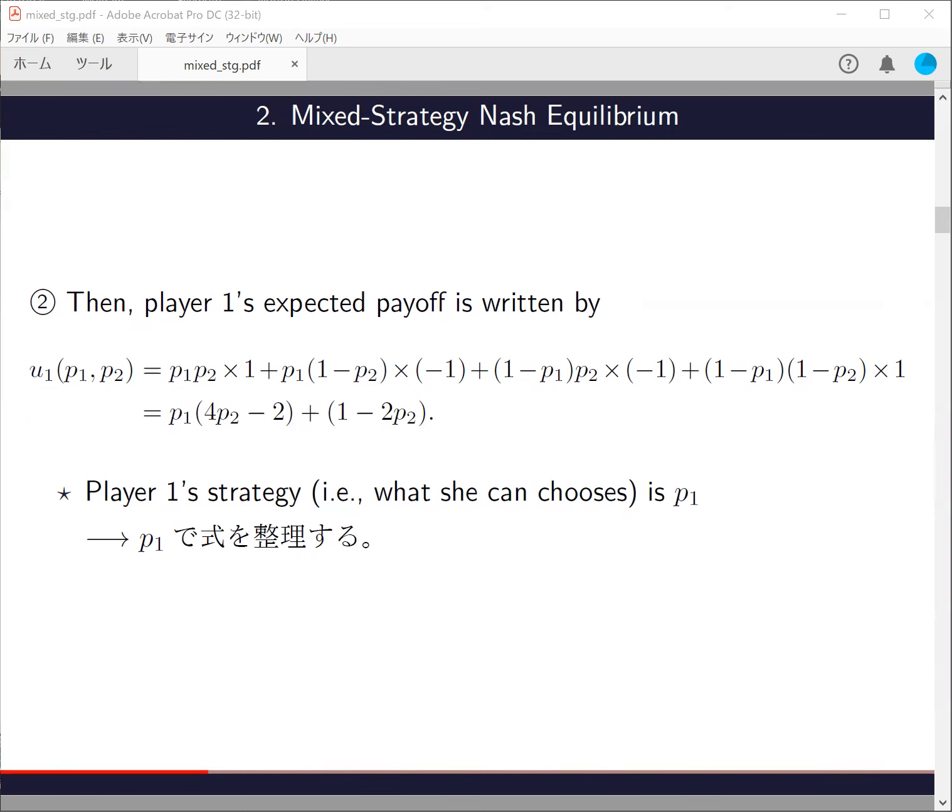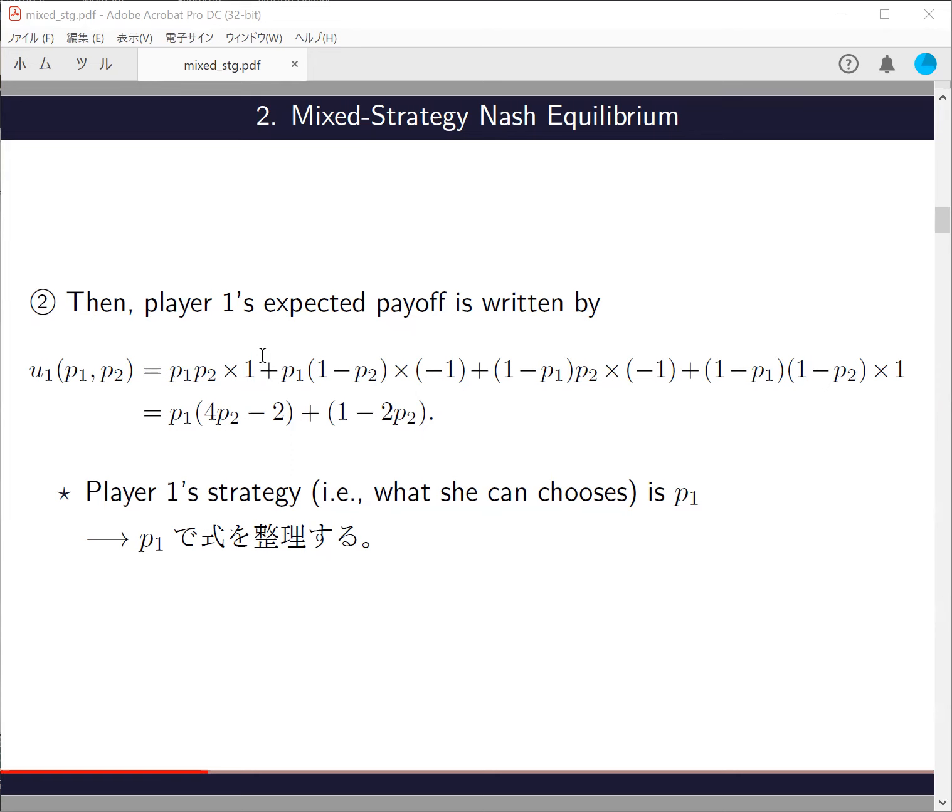Now, let's look at the components of the expected utility. The first component, P1 times P2, is the probability that both players choose H. When both players choose H, player 1 gets the payoff of 1, and so the two probabilities P1 and P2 are multiplied by 1.